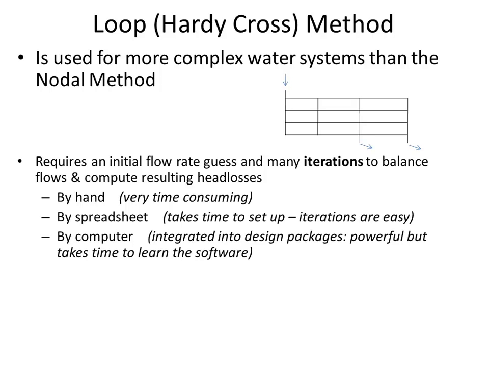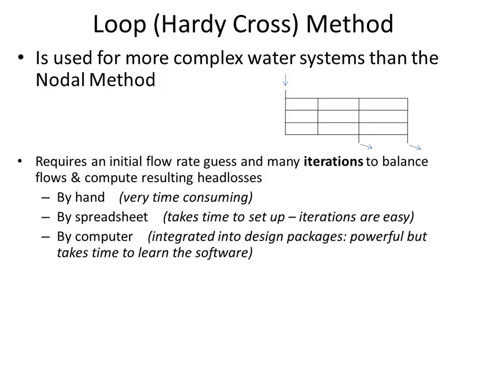There's different ways to do that. You can either set it up by hand and do these calculations over and over and over, and that's what we're going to do today. We're going to do a hand calculation of the Hardy-Cross method, and by doing it in this really time-consuming method, ultimately you will have earned the right to solve it by a spreadsheet, and you'll appreciate how easy the iterations are, in spite of the fact that it takes some time to set it up.